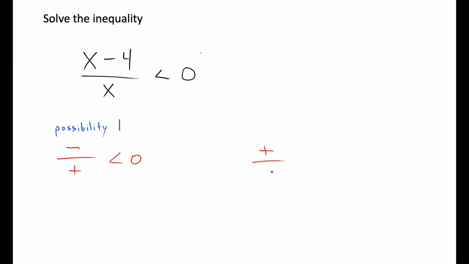If we had a positive numerator and a negative denominator, these would be the two possibilities. We would not consider positive over positive, because that would make a positive. And then a negative divided by a negative would also make a positive. So these would not be part of our solution.